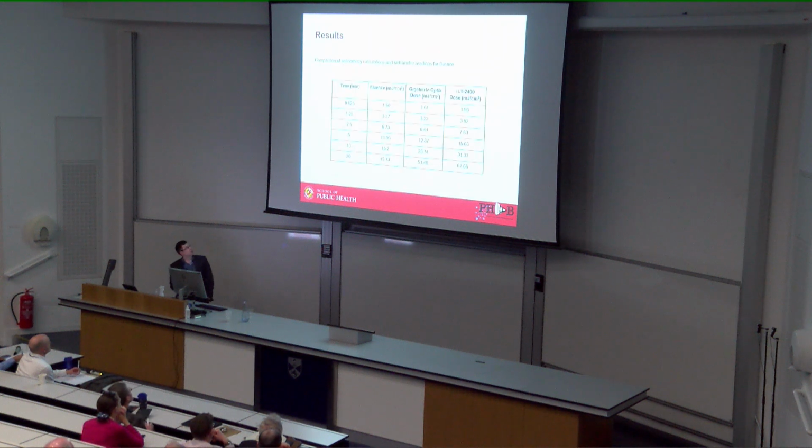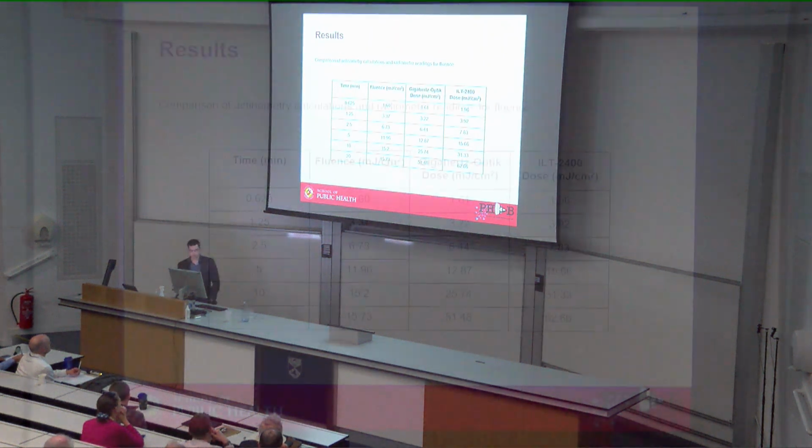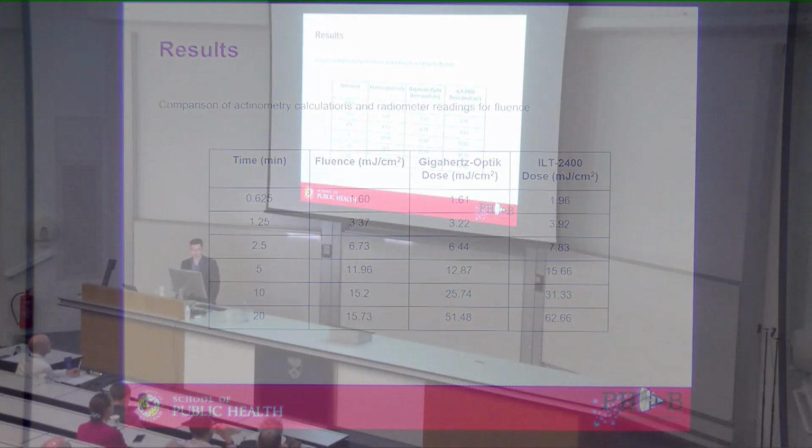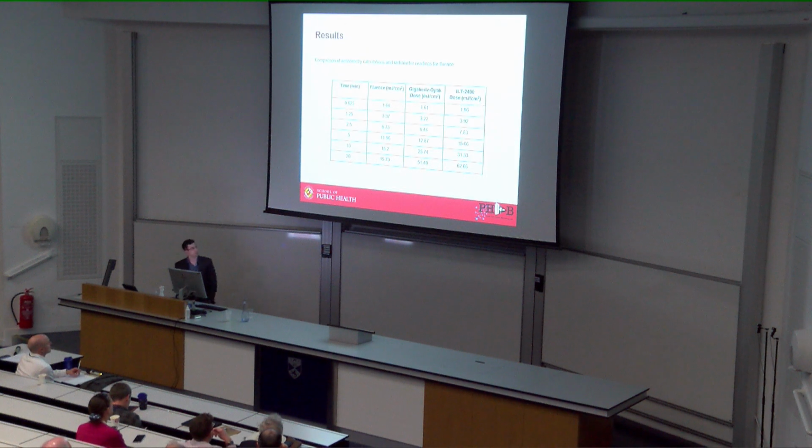This was confirmed using the radiometers: the fluence on this table is the fluence calculated from the absorbance of the actinometry solutions versus the 2 radiometers that were also used over different times. You can see where the actinometry actually maxed out for the absorbance at the bottom at 10 and 20 minutes, where it looks the same, whereas it continues growing with the radiometers.